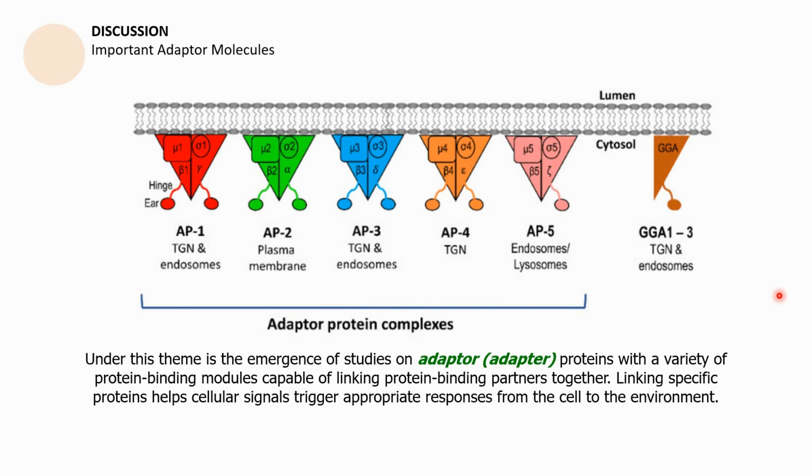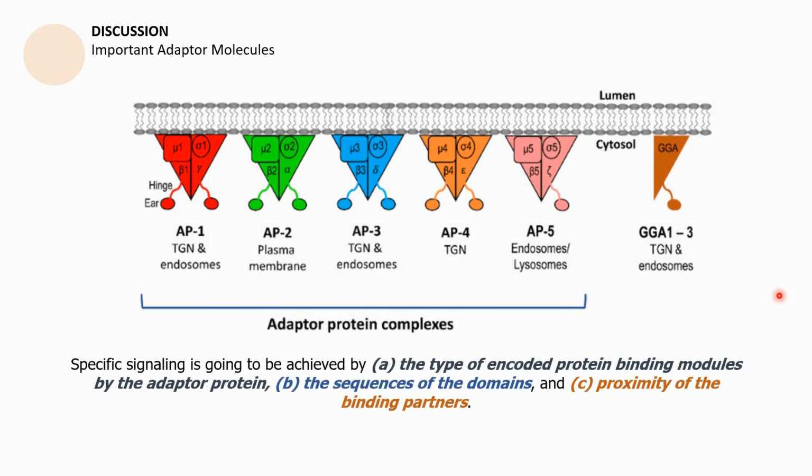They have a wide variety of protein binding modules. They are capable of linking protein binding partners together. Linking specific proteins helps cellular signals trigger appropriate responses from the cell to the environment. Specific signaling is going to be achieved, first, by the type of encoded protein binding molecules by the adapter protein.